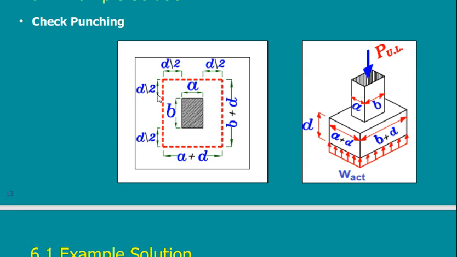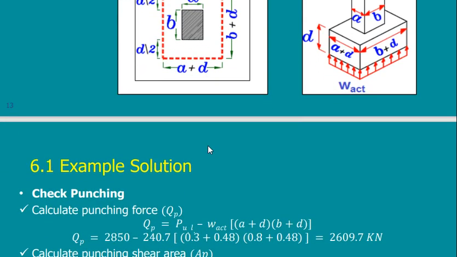So now I can do the same. I will calculate the load on this section. This will be the actual load causing punching, the actual punching stress. And I compare it to the allowable punching stress, the same as I have done for shear.